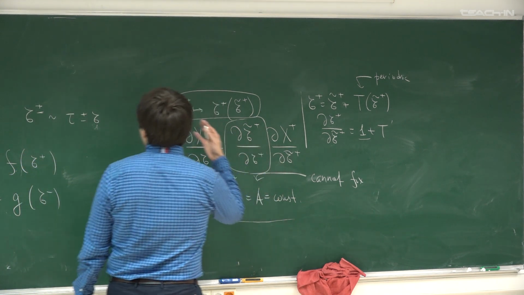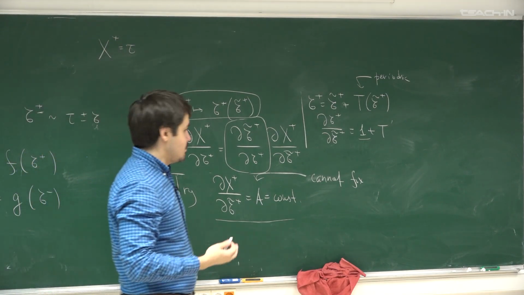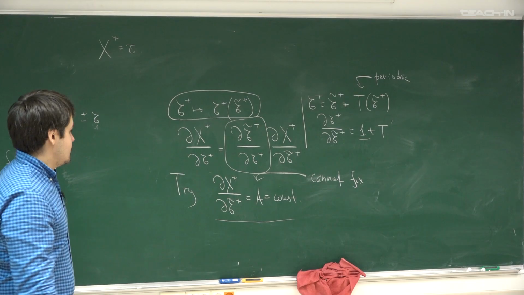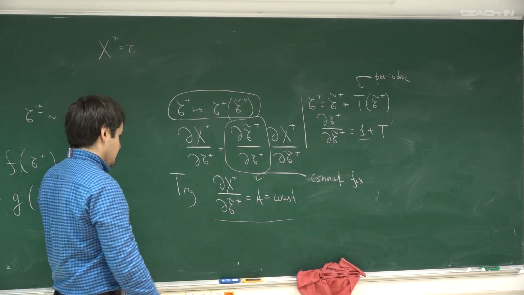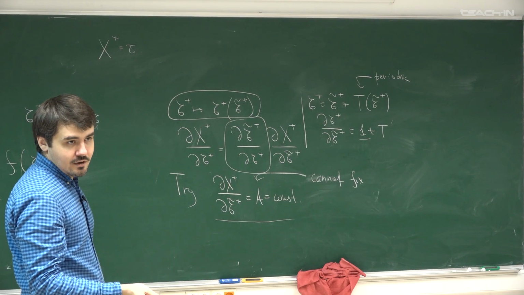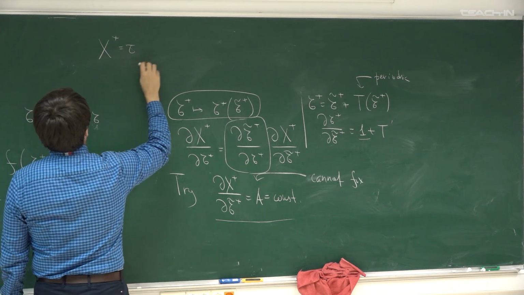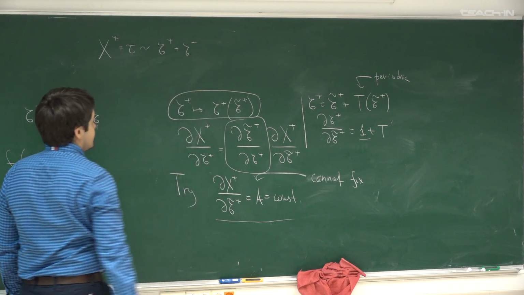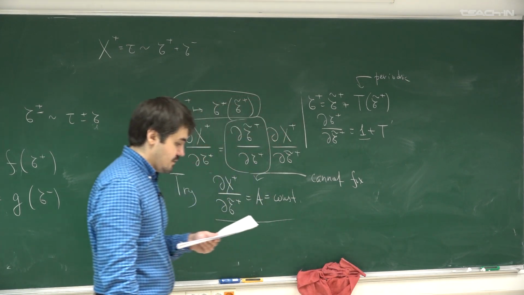Remember the light cone gauge, x plus equals tau; that's what we want to get to using these transformations. Of course that means that derivatives are constants. In particular, we want to set dx plus over d sigma plus to a constant and dx plus over d sigma minus to a constant, because tau is sigma plus plus sigma minus, again with some constant, and I will not keep track of these normalization factors here.